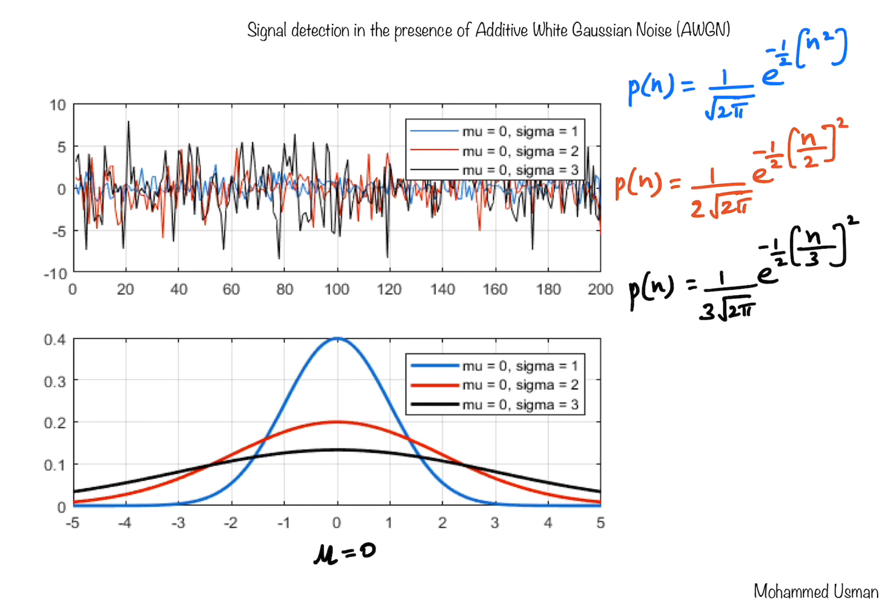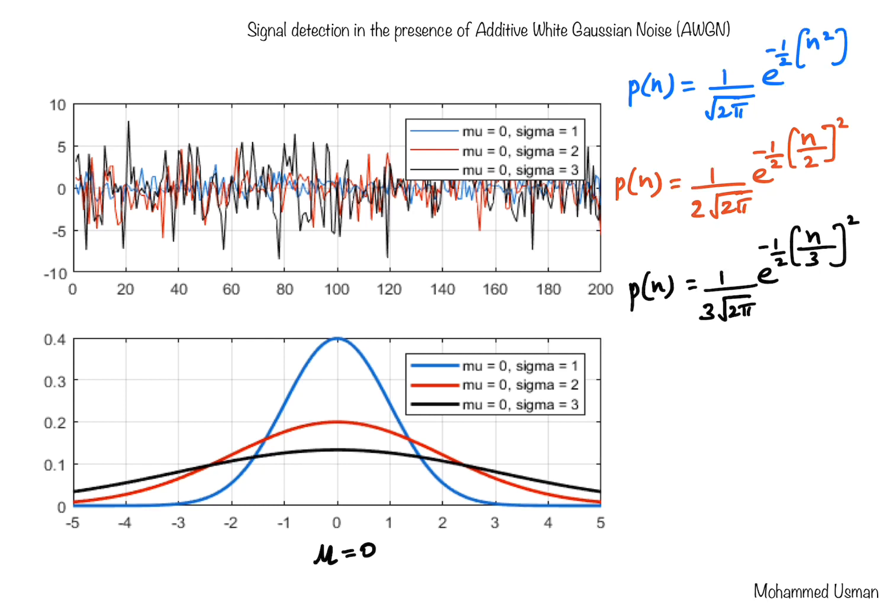And that's because the noise signal is having a much bigger fluctuation around the mean value as compared to the blue signal, right? And for the black PDF, which is having an even higher standard deviation, we see that the probability of the noise signal having 0 volt amplitude is reduced even further to about, let's say, 12 or 13%, as compared to 20% when sigma is equal to 2 and 40% when sigma is equal to 1, right?